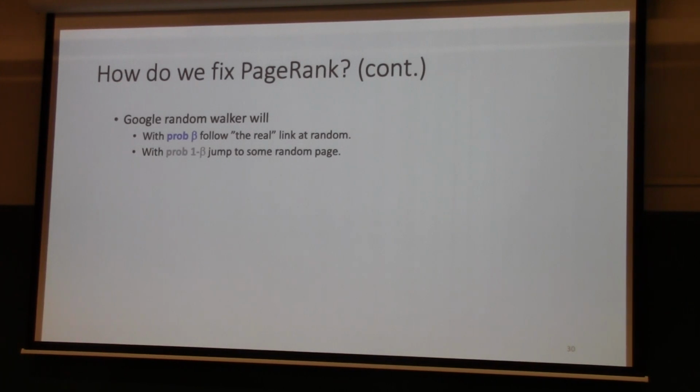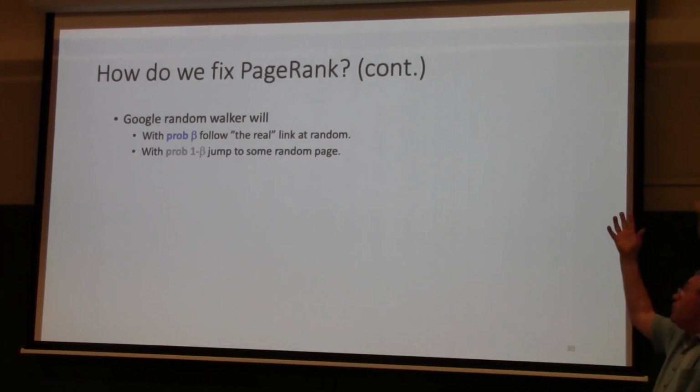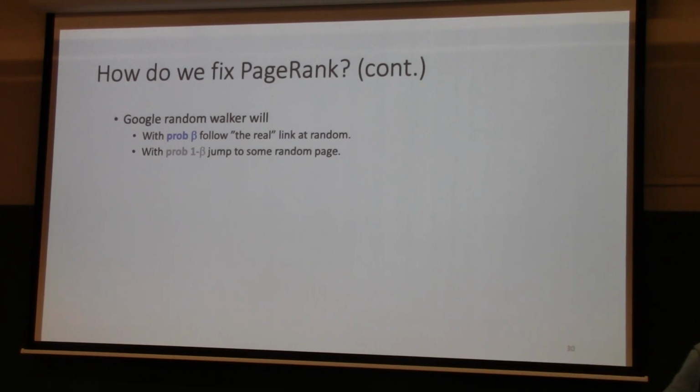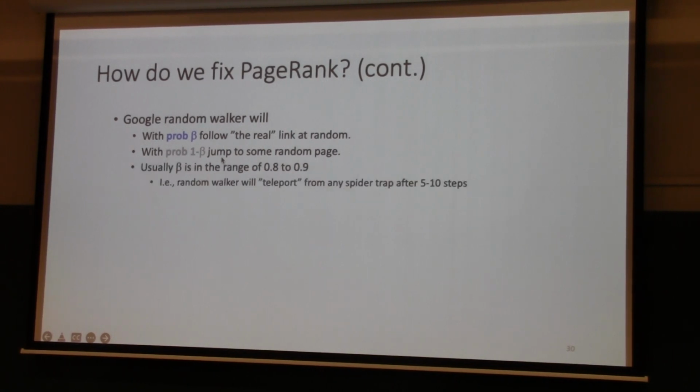So the idea is that you have a random walk, and when you're at a node, you will either follow the link or you will jump. So it's basically the evaporation idea. With some probability, you call it beta, you follow the real link, and with 1 minus beta, you just jump to some random page. Usually, beta is very close to 1.